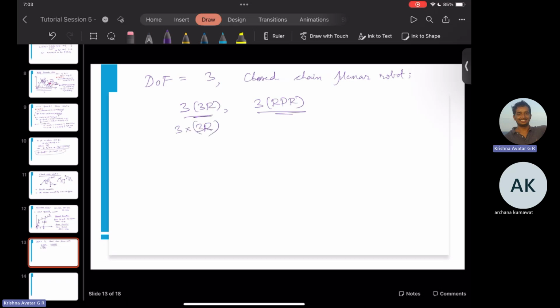So you have robots with 3 revolute joints, and they are all assembled together to have one single robot chain, right? Single robot. So we can have some big body connecting here.